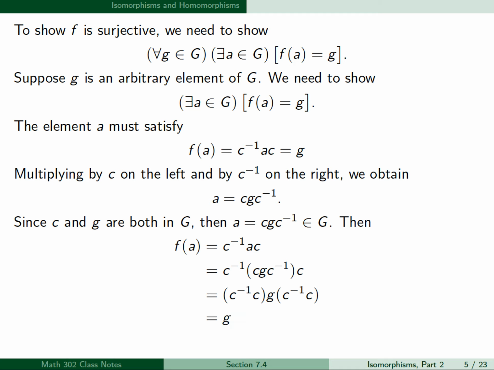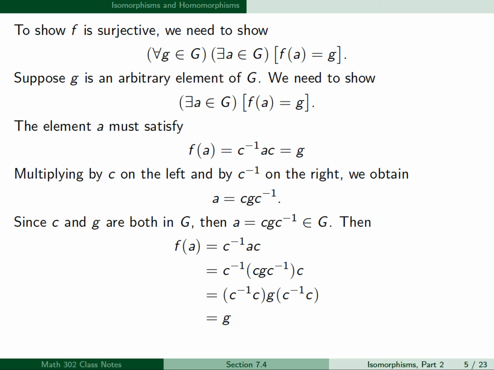To show f is injective, we need to show for all a and b in G, f of a equals f of b implies a equals b. So suppose a and b are arbitrary elements of G, and suppose our hypothesis, f of a is equal to f of b. Then c inverse a c is equal to c inverse b c, and multiplying both sides on the left by c and on the right by c inverse, we obtain c times c inverse a c times c inverse is equal to c times c inverse b c times c inverse.